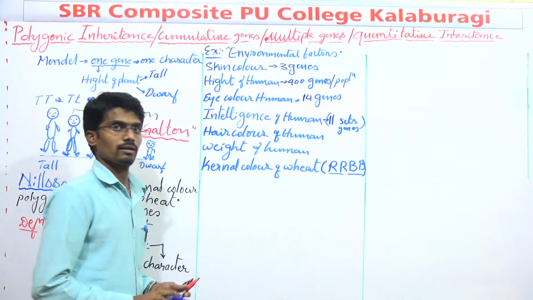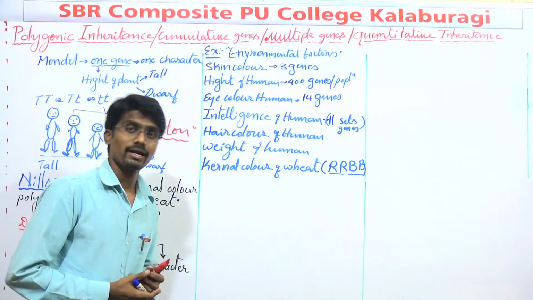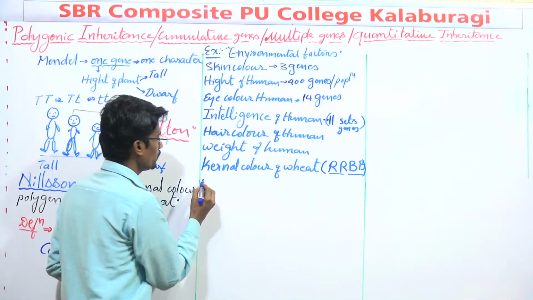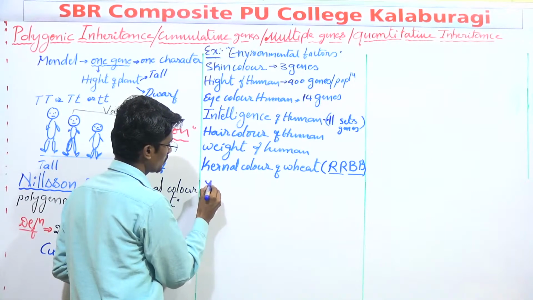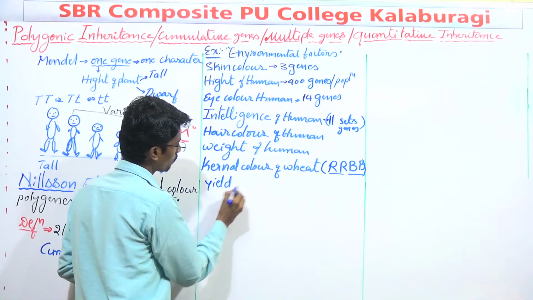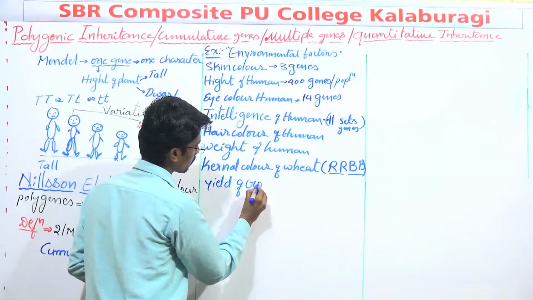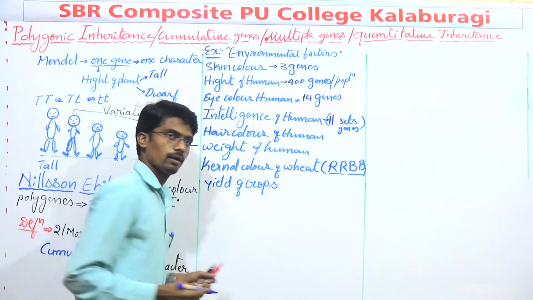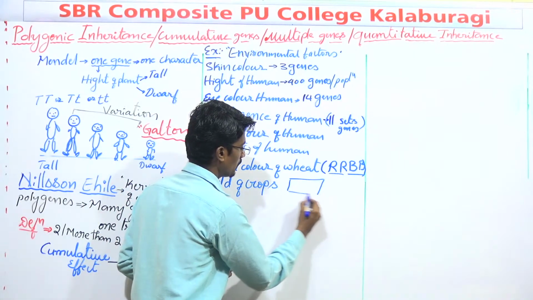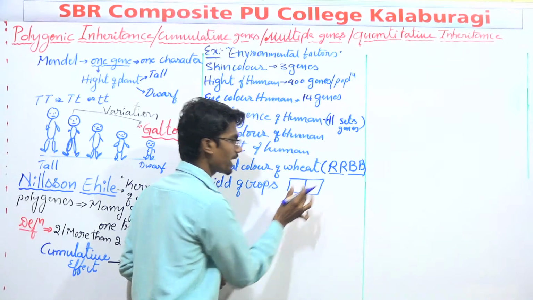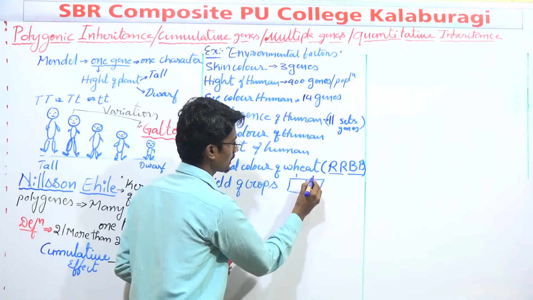Later, if you take some other plants, for example, the yield of crops. For example, a single farmer is practicing agriculture on 2 hectares, the first hectare and the second hectare.